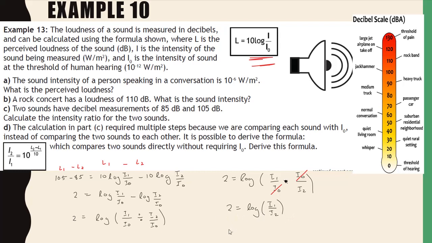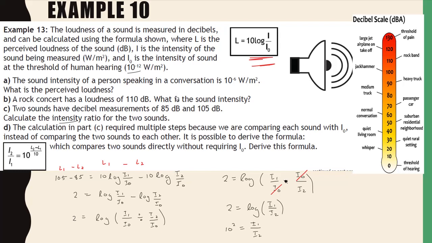So we've got a base of 10, so we get 10 squared is equal to I1 over I2. So now we have the intensity ratio that we're looking for between the two sounds. I know it's a ratio because these are being divided. I could simplify this to 100. Often we'll leave it in this power format though as well. Depends what the question is asking for.